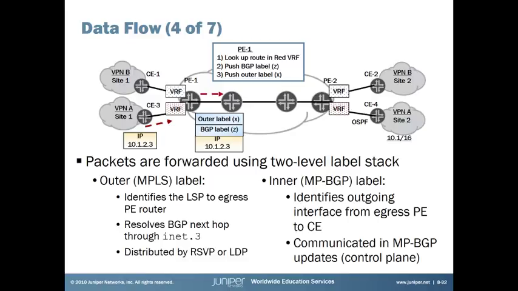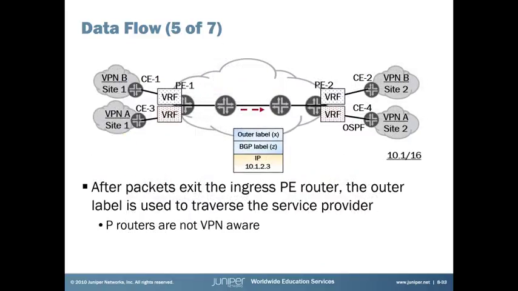Okay, so that inner label identifies the originating VRF table on that PE, and then specifically it identifies the interface attached to the CE. So that's just a label value. It identifies that egress interface, communicated in the MP-BGP updates in the control plane that we saw earlier.